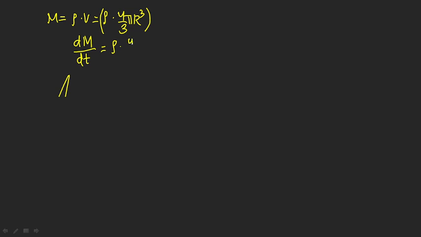Differentiating the second function, I get 4 by 3 pi, which is constant, then I get 3r square. Applying the chain rule, I can write again dr by dt, plus the second term of the differentiation. For that we have to take this 4 by 3 pi r cube to be constant, that can be written as it is into d rho by dt.